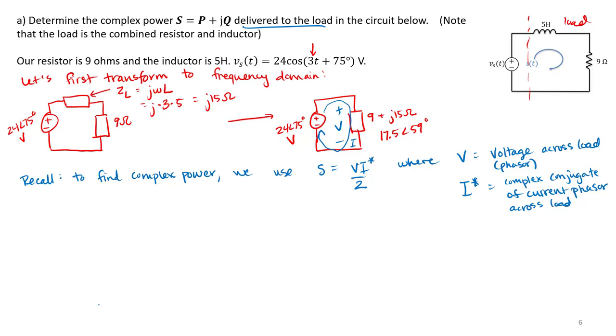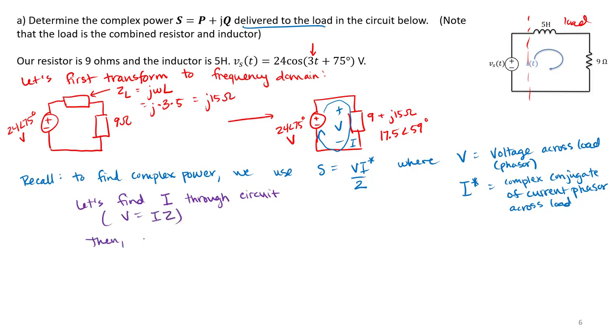In this case, it just becomes a simple Ohm's law problem. So here's our strategy. Let's find first our current I through the circuit, using Ohm's law, V equals IZ.